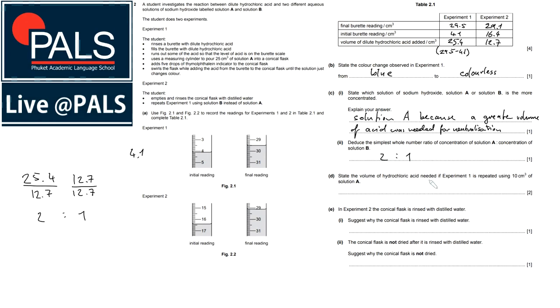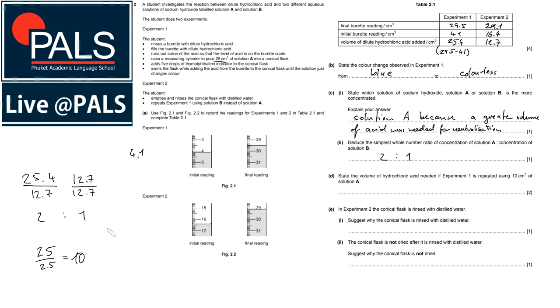State the volume of hydrochloric acid needed if experiment 1 is repeated using 10 centimeter cube of solution A instead of 25 centimeter cube. So here, what do we have to do? 25 divided by 2.5 is equal to 10.